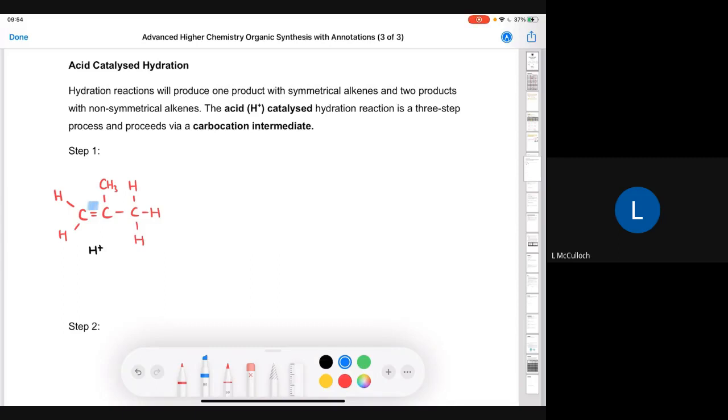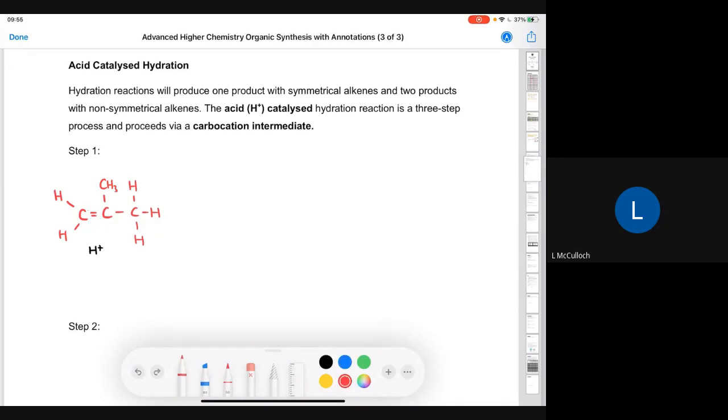The electrons in the sideways overlap occupy the space where I put those two blue marks. Because the electrons are in that area, they are able to attack things which are positively charged, so they are able to attack the positively charged hydrogen ion.